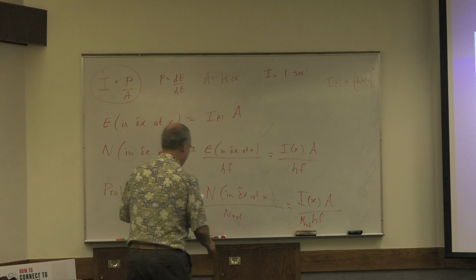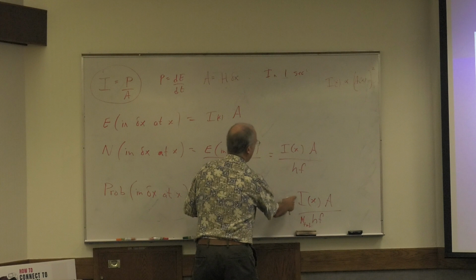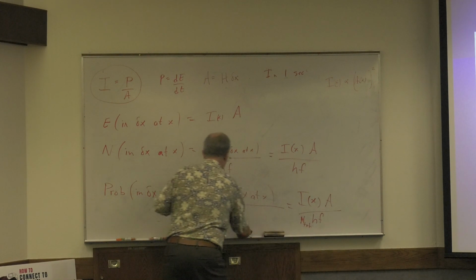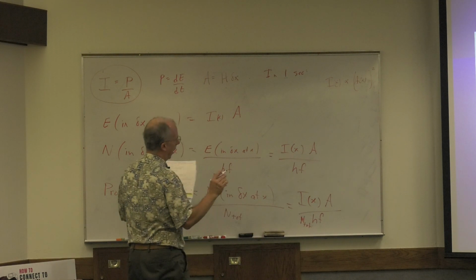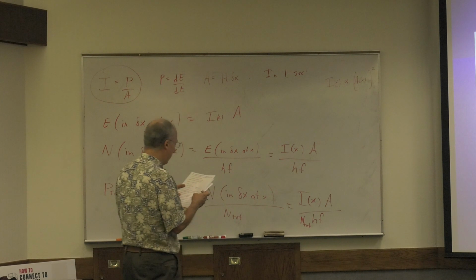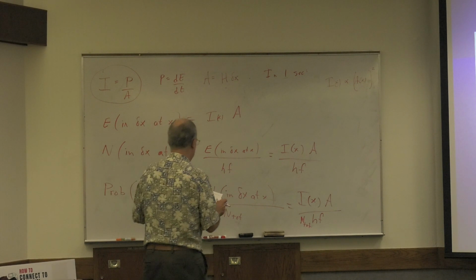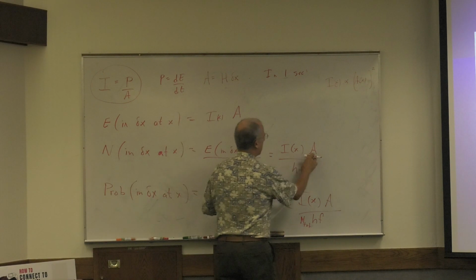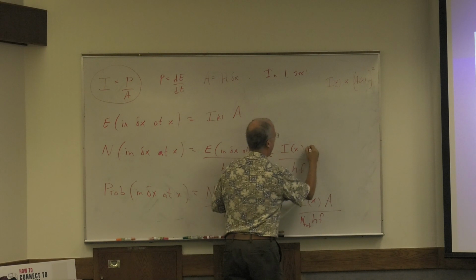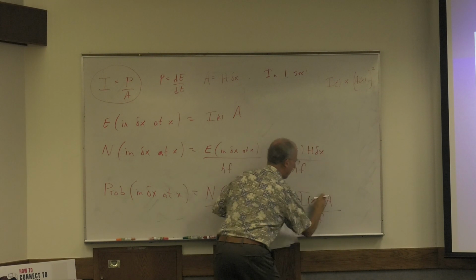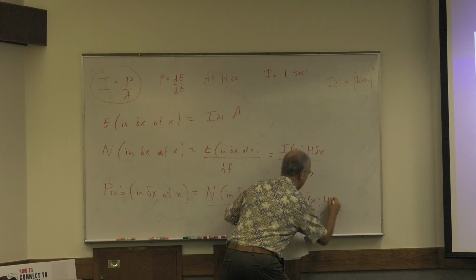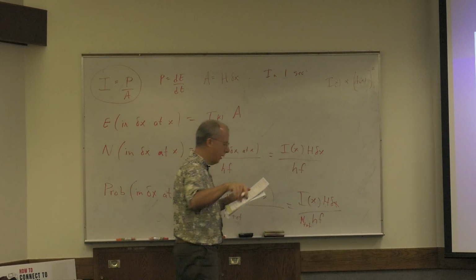So look, if the intensity is proportional to the amplitude, oh my gosh, we got to super be careful. Let me get rid of this A, because this is supposed to be area. So I'm going to write h delta x. Too many A's, huh?